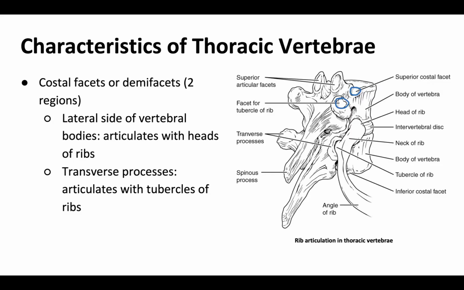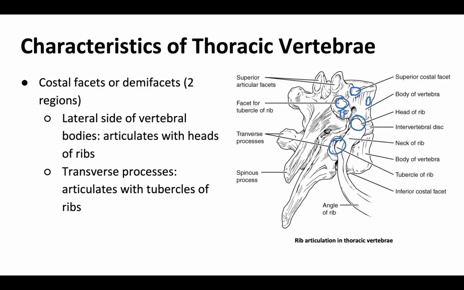Specifically, the vertebral body articulates with the head of the ribs, and the transverse process articulates with the tubercle of the rib. So if you see a small, smooth articular surface on the body or the transverse process of a vertebra, you are looking at a thoracic vertebra.